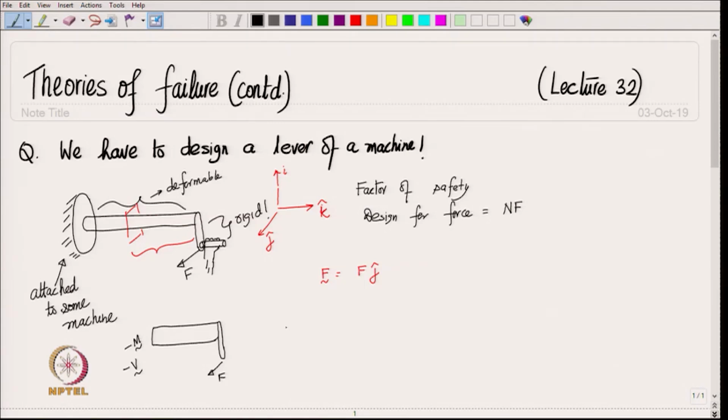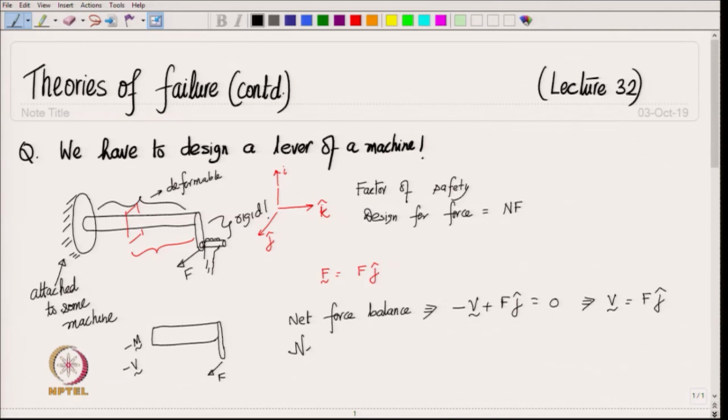So, when we do net force balance, that implies minus of shear force V plus F j is equal to 0, which implies that the shear force is equal to the force applied F into j. So, shear force is acting in the j direction. Okay. Now, what about the moment?